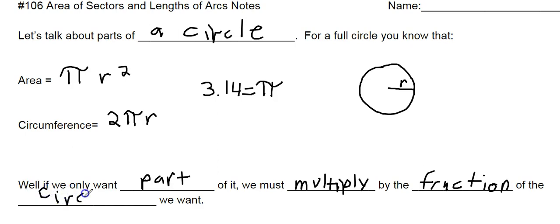So if we only want part of the circle, it looks pretty straightforward. Just multiply it by the part. And you've seen that when we did compound area of regular shapes. If you wanted the area of half the circle, we found the area of the whole circle, then we divided by 2. We're going to go into that in a little more depth here.